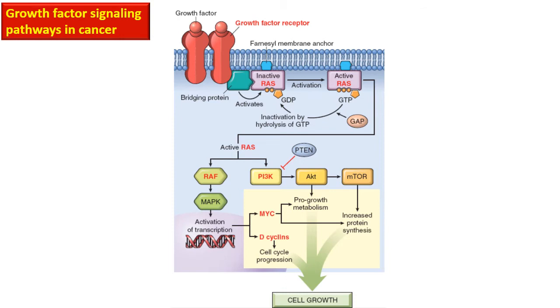There are two brakes in the system which are shown in this illustration. One is the GTPase activating protein, that is GAP, that applies brakes to the RAS activation, and another brake is the PTEN, or phosphatase and tensin homologue, that serves the same function for phosphoinositol 3 kinase.